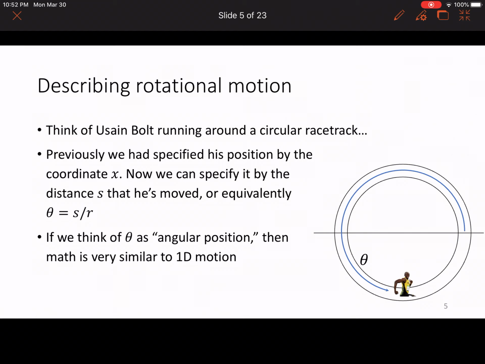It tells me the position along a circle. So if you think of theta as like a position, like x, what I'm going to really emphasize throughout this lecture is that all of rotational motion is just 1D motion in disguise. It really behaves identically to one-dimensional motion, with the caveat that instead of talking about real position, x, I'm going to talk about angular position, in quotes, which is theta.